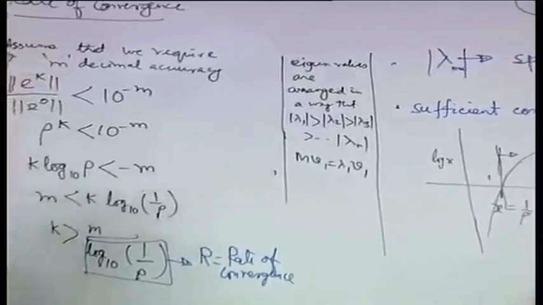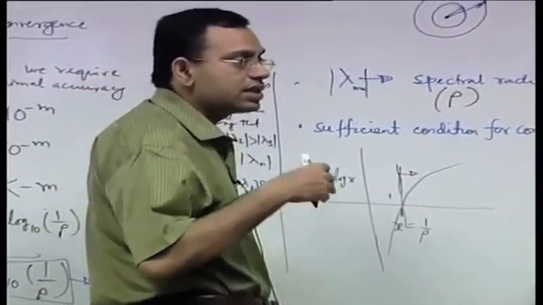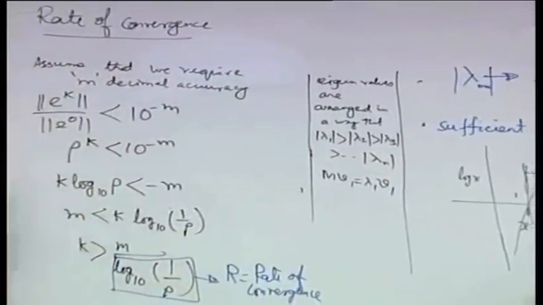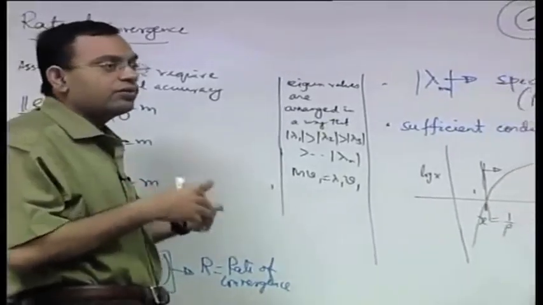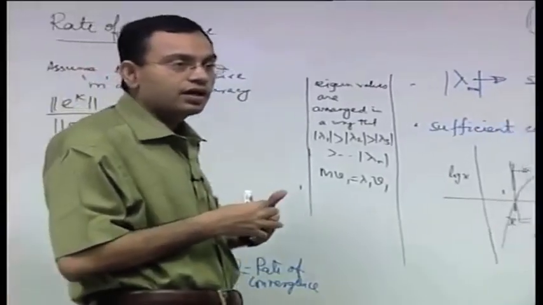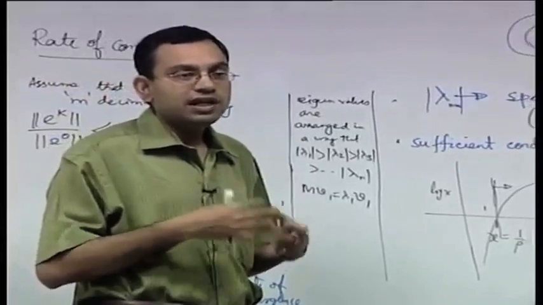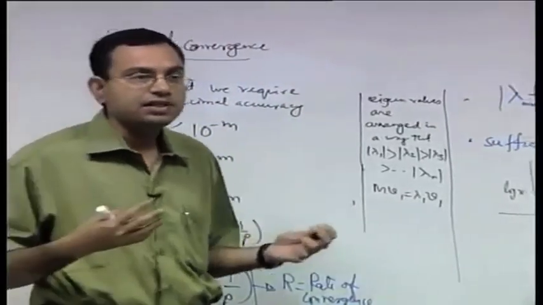Now, how do we assess the spectral radius of convergence? There are several ways in which you can assess it, but to do that in a straightforward way, we need to calculate the eigenvalues of the matrix M, and eigenvalue computation is also expensive, just like the power computation of the matrix M is expensive.